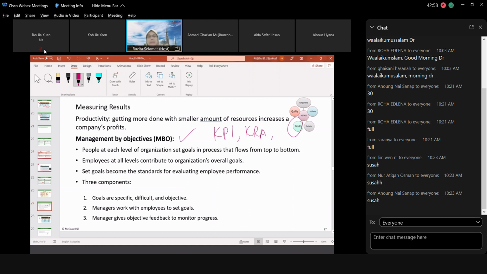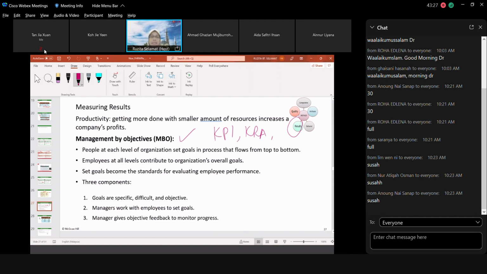Okay, so we have this management by objective, right? So meaning when employees know where they are supposed to be heading in terms of their performance, it will be much easier for managers to compare what they are supposed to do with what they are actually doing, right?